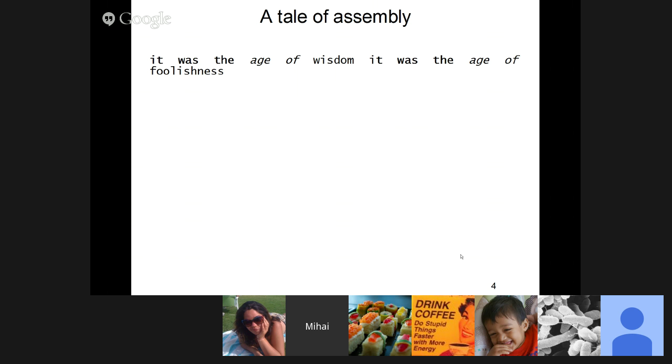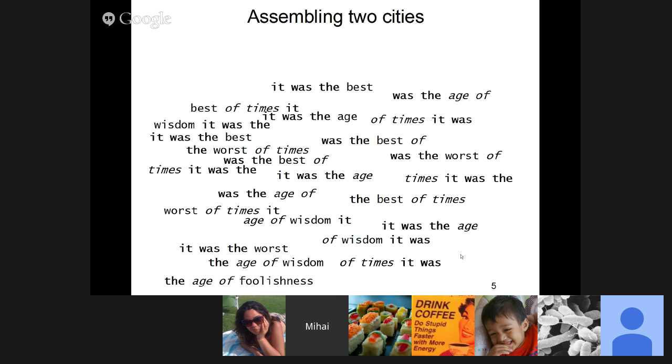You can think about this as having multiple copies of the book in a truck, and then the truck crashes, and you get lots of little pieces, and you're trying to put the book together. What comes out of the sequencer will look like a collection of little pieces of the book that don't seem to have much of a connection with each other. Now we're trying to reconstruct this book.